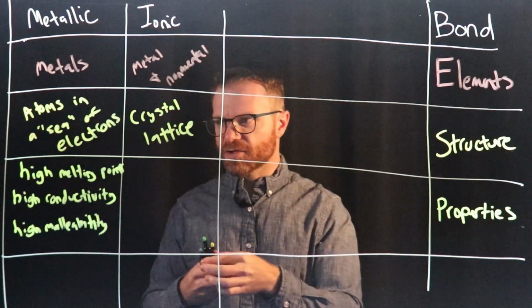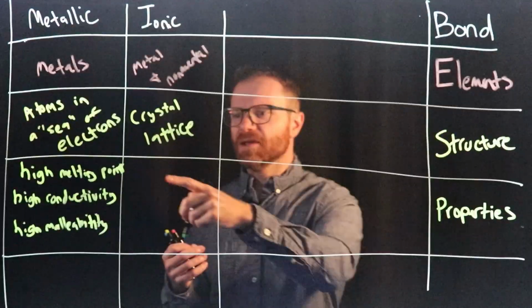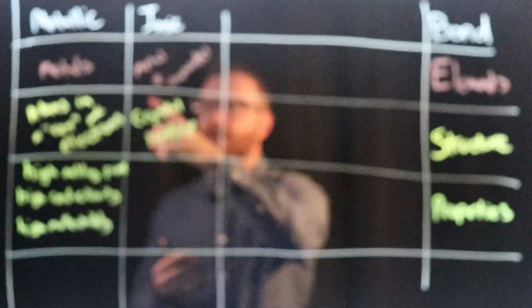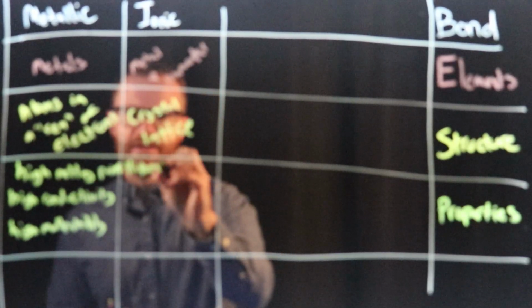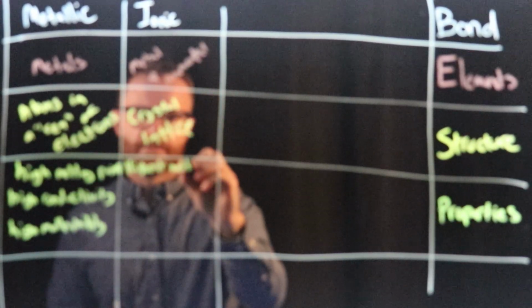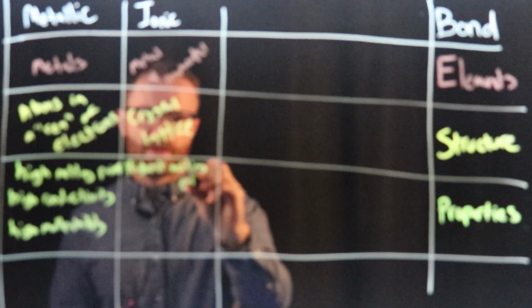Now, because they're in this really tight crystal lattice structure, they have an even higher melting point than metallic compounds, because it's hard to break that apart. So I'll put highest melting point.